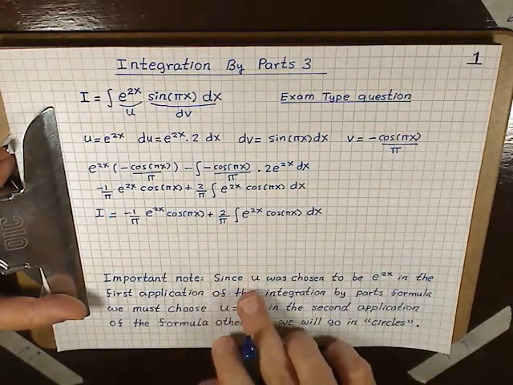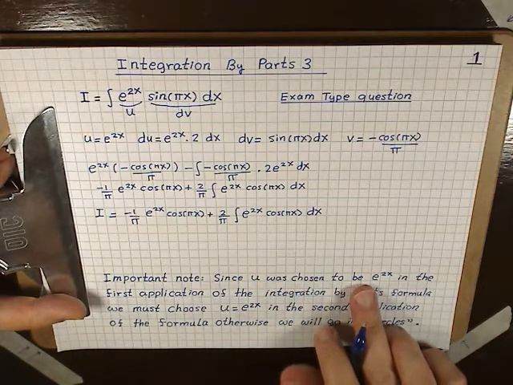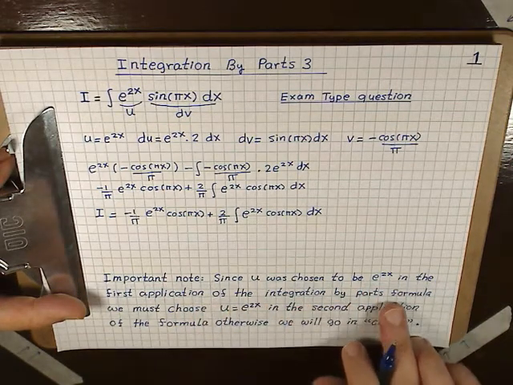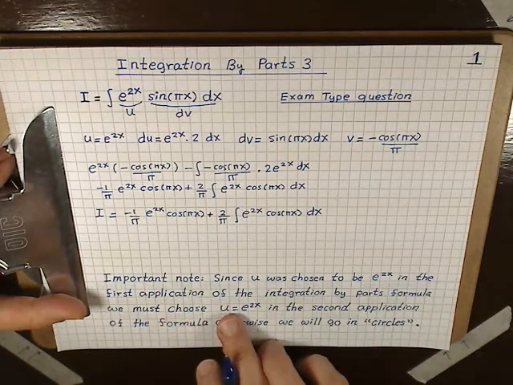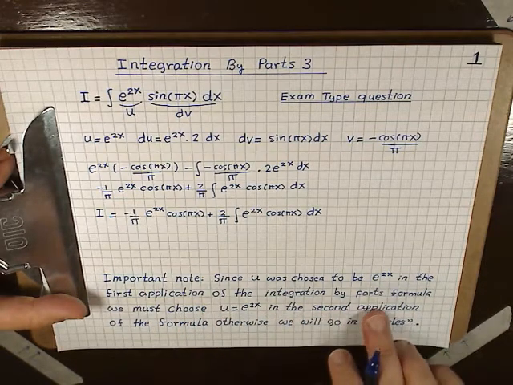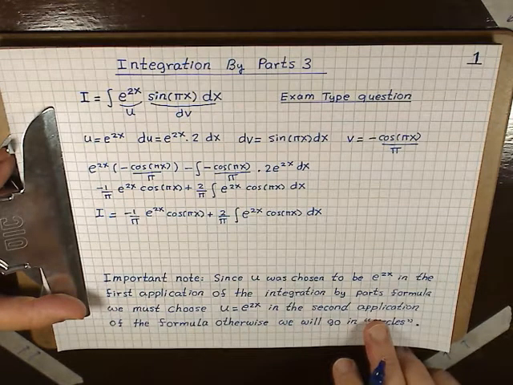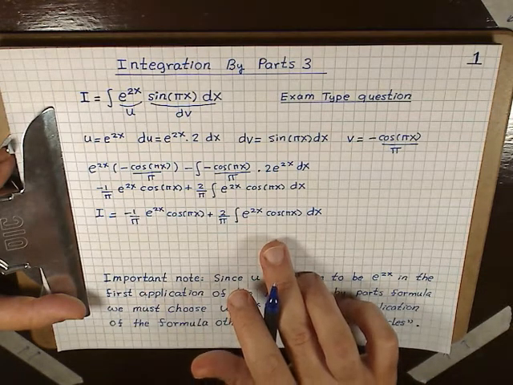Important note: since u was chosen to be the exponential function e to the 2x in the first application of the integration by parts formula, we must choose u equals e to the 2x in a second application of the formula. Otherwise, we will go in circles. So we're going to apply integration by parts again to this part.